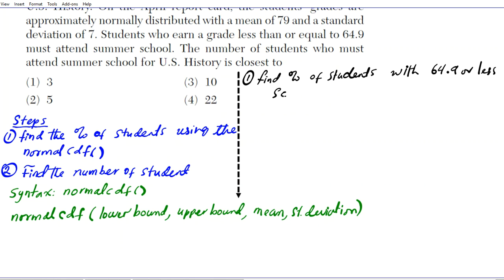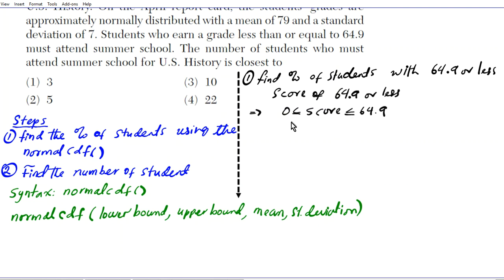If you have a score of 64.9 or less, that means your score could be 0 or anything between 0 and 64.9, including 64.9. So it's basically 0 less than or equal to the score, and the score less than or equal to 64.9. So 0, 64.9, and everything in between represents your interval.